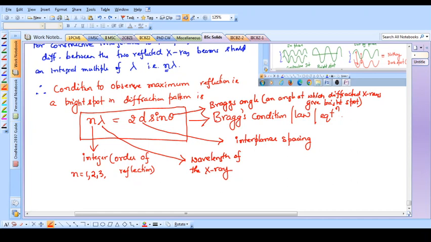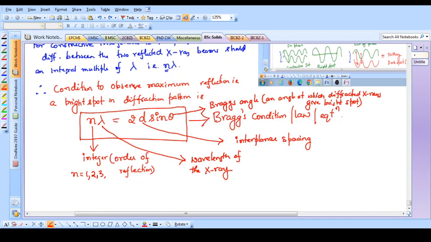I will stop here. In the next video, we will solve some problems on Bragg's equation, and we will write some expressions which give a relation between the distance between two HKL planes and cell parameters a, b and c.